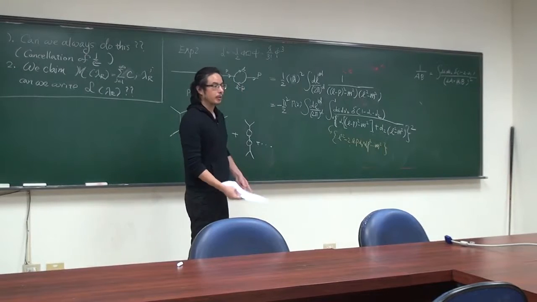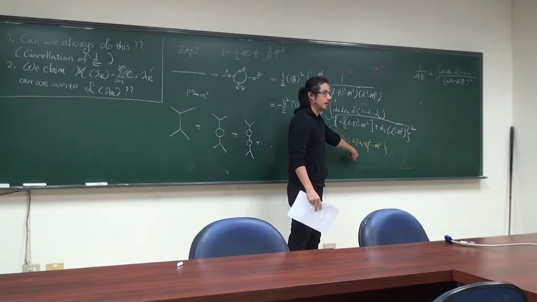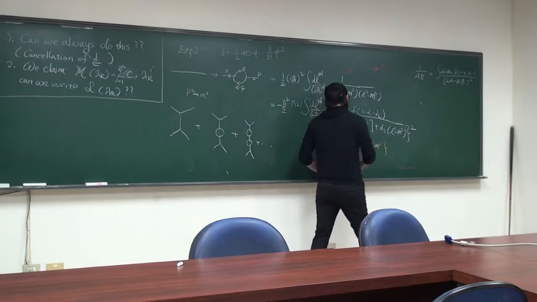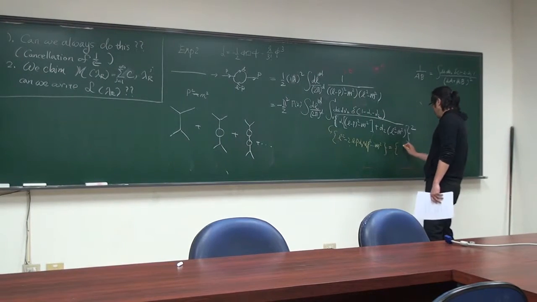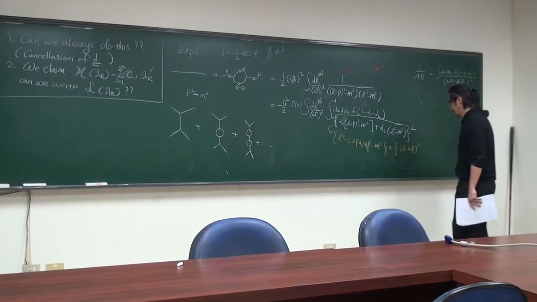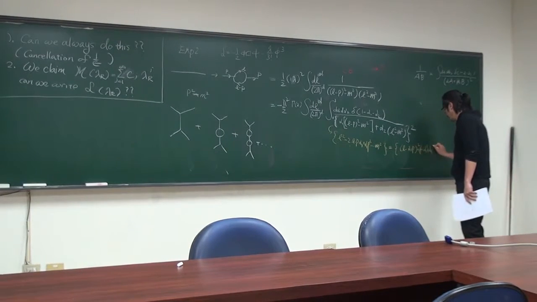Okay? And you know what we want to do, right? We want to make this a complete square in terms of L. So that means we want to rewrite this as (L minus alpha 1 P) squared, plus or minus alpha 1 squared P squared plus alpha 1 P squared minus M squared.